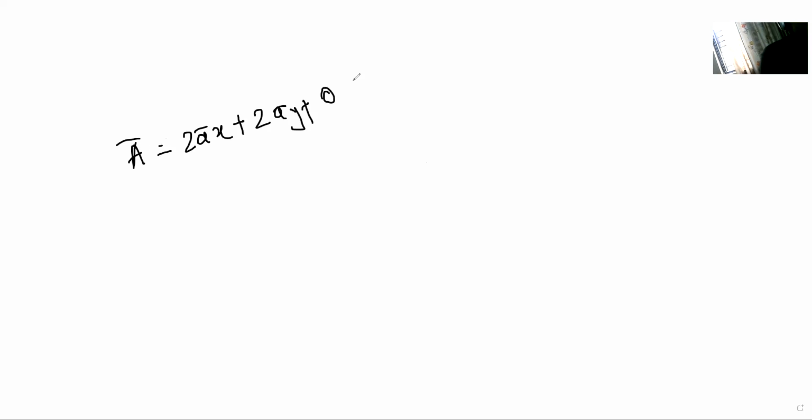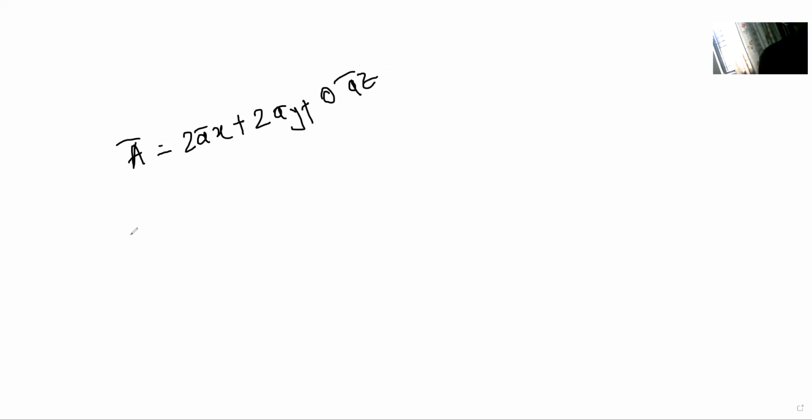a bar is equal to 2 a bar x. When I say a bar x, it's a unit vector, right? So a bar is equal to 2 a bar x plus 2 a bar y plus 0 a bar z.